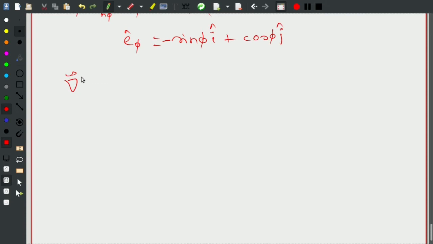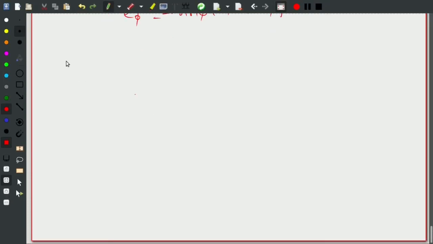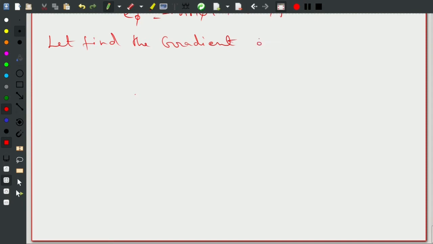Let's try to find the gradient of a scalar function phi in the curvilinear system.